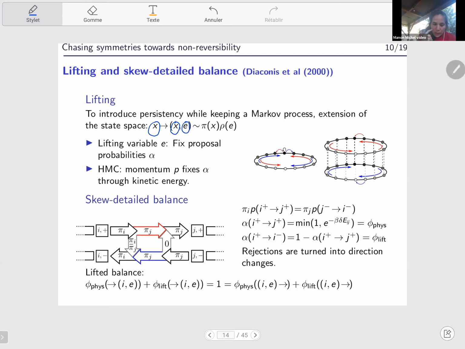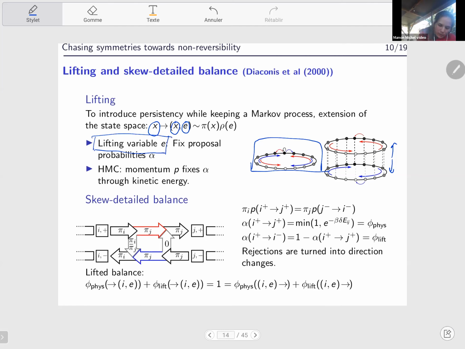You can understand lifting as follows: here you have your state space where, for instance, you can go left or right with the same probabilities, or stay where you are. You lift it into two replicas, where in the upper replica you always go to the right, and in the lower replica you always go to the left, and then you switch from one replica to the other to ensure balance.